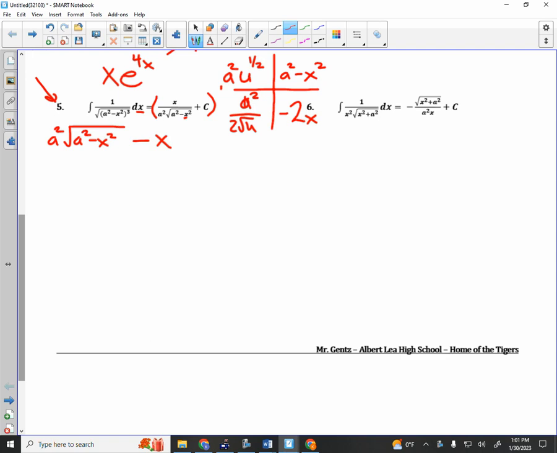I multiply these, and what happens? The 2's go away, and I get negative a squared x over the square root of a squared minus x squared.